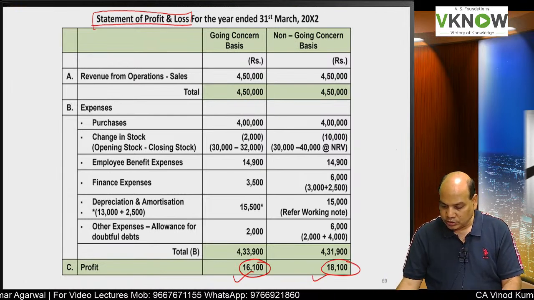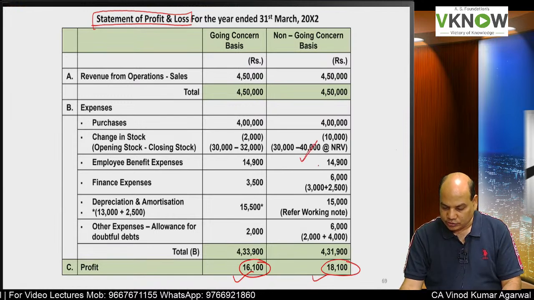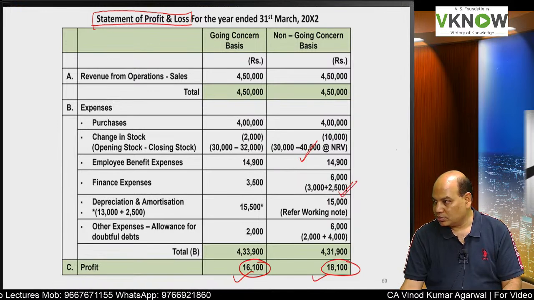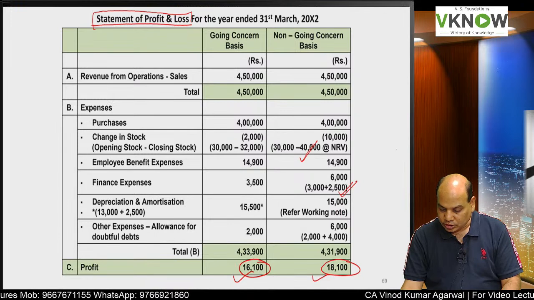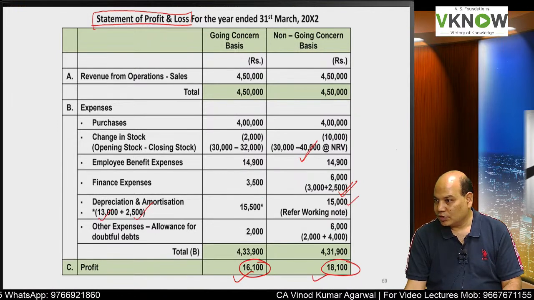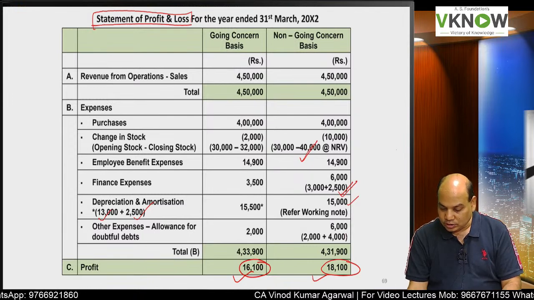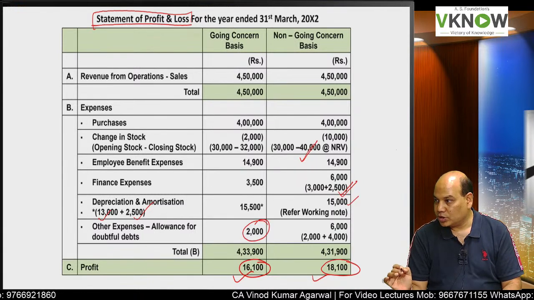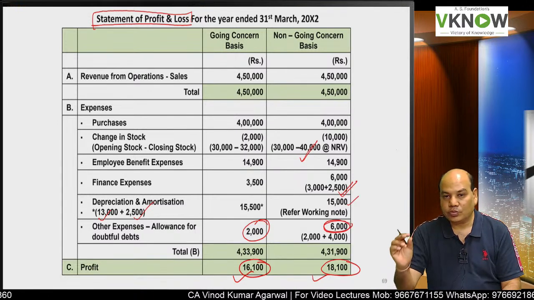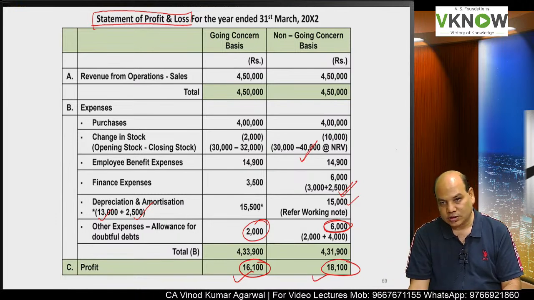In addition to that, this stock will appear, 40,000, in the balance sheet. 2,500, this liability is not yet paid, will appear. Then this PP will appear. Here we will deduct 13,000 and 2,500, and here we will deduct as per the working note. Then 2,000 I will deduct from receivable in going concern, and 6,000 I will deduct from debtors in non-going concern.